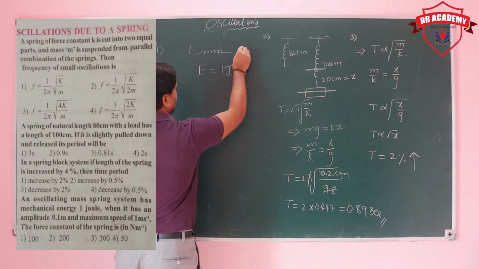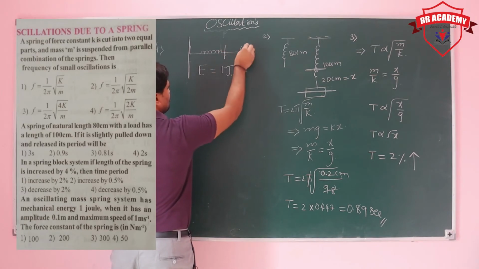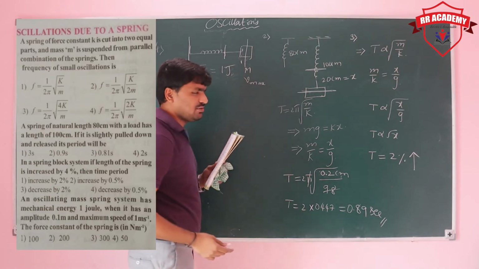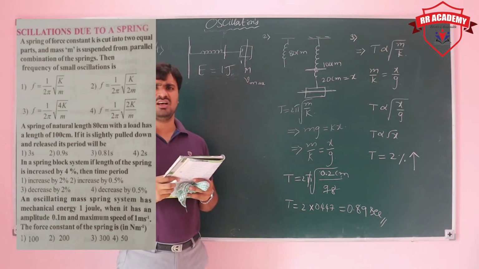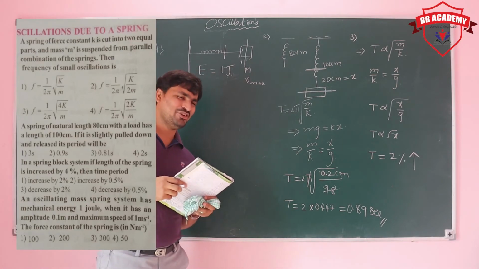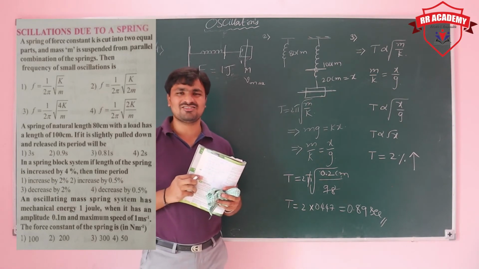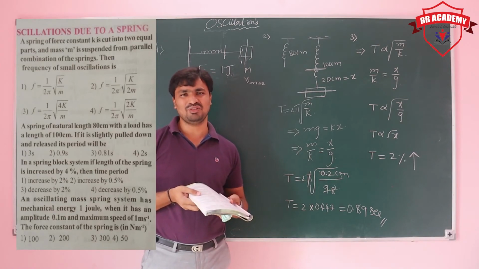So for example, if you are taking like this, when it is at the mean position, it has maximum velocity, right? When it has maximum velocity, then what about its potential energy? Yes, obviously 0. When it is at the extreme position, what is the velocity? 0. What about the amplitude? Maximum displacement.